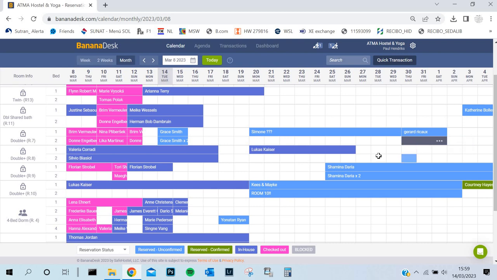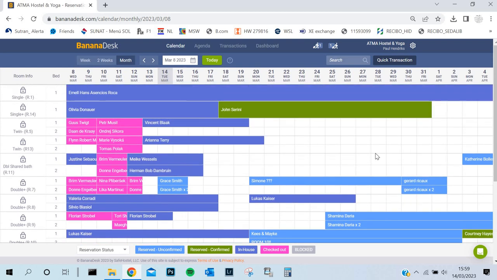So I put them in 7, and then I'm able to extend this booking for as much as I want. Within these double bedrooms, the future bookings usually can still be moved around between 7, 8, 9, and 10. But this one I cannot move anymore because there are no other rooms available to move them to. And this one I can only move between these 2 rooms.